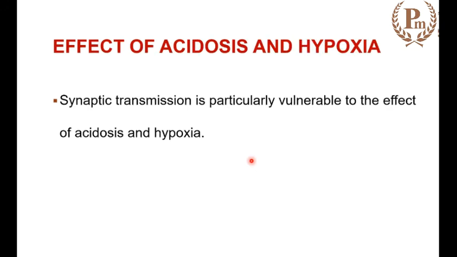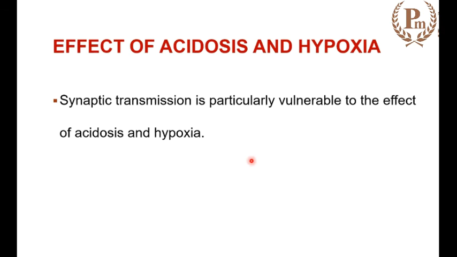Okay. So we are at the end part of our properties of synapses. The last one is the effect of acidosis and hypoxia. It means that your synapses are vulnerable. Their property, their activity is affected if there is accumulation of metabolites, if pH is decreased, or if there is hypoxia.